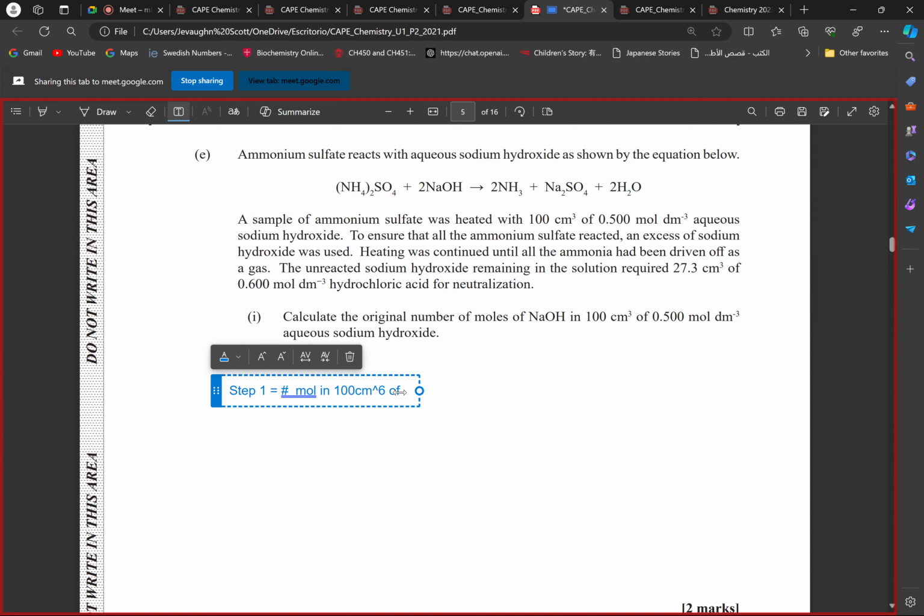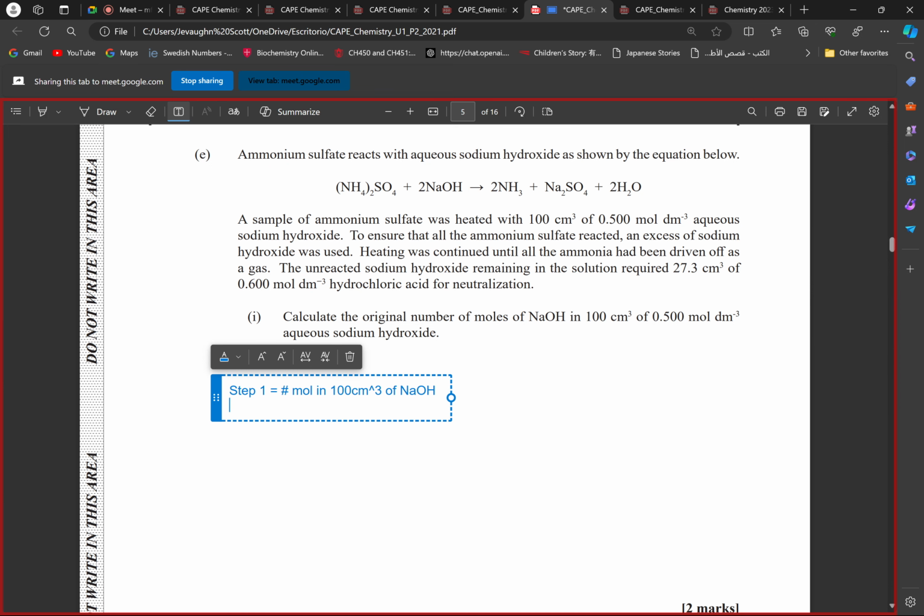Everybody agrees with calculating that in the ammonium sulfate first. Question: isn't the 100 cm cubed in the sodium hydroxide and not the ammonium sulfate? Well, let me read. Yeah, wait, hold on. Sodium hydroxide, yeah. So of the NaOH. Right?